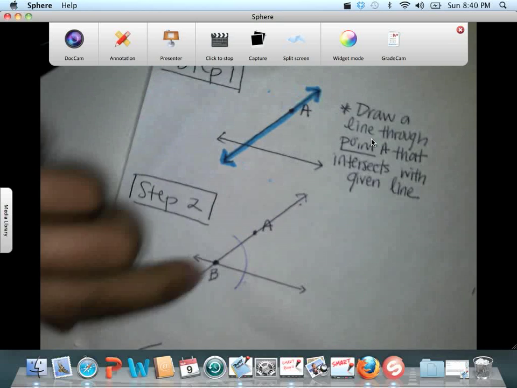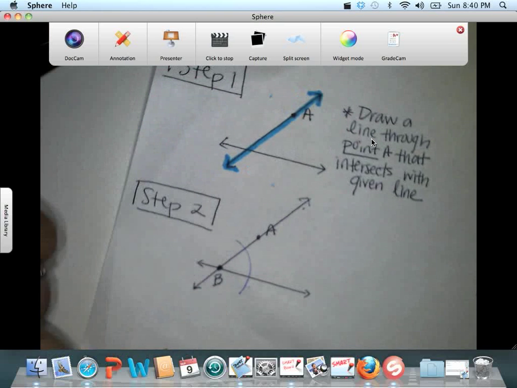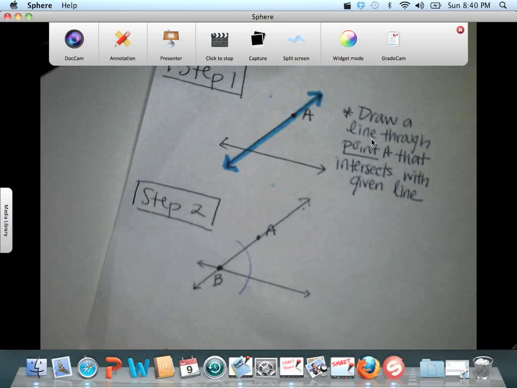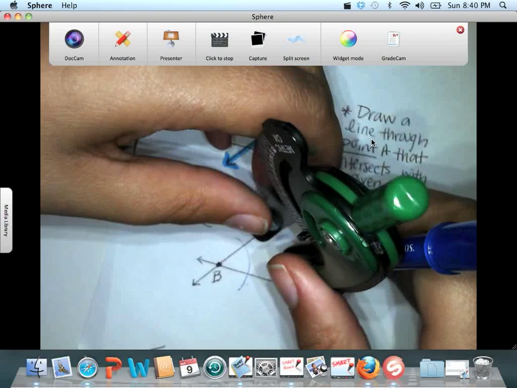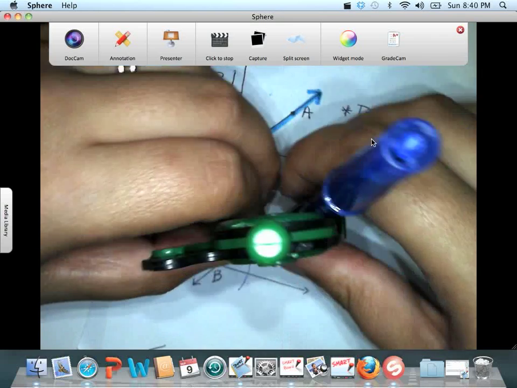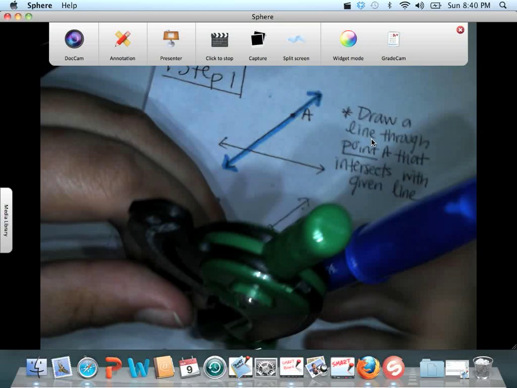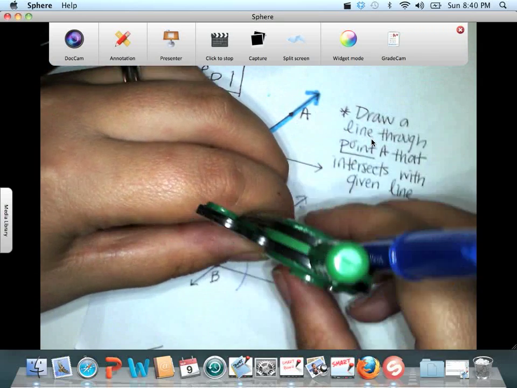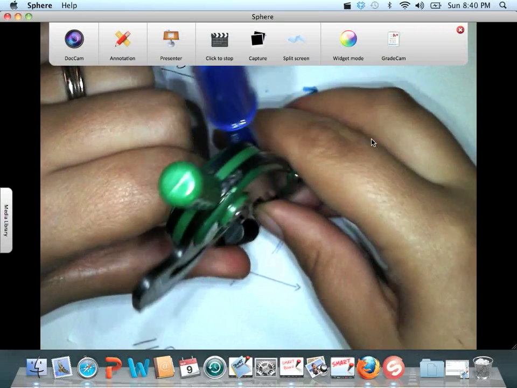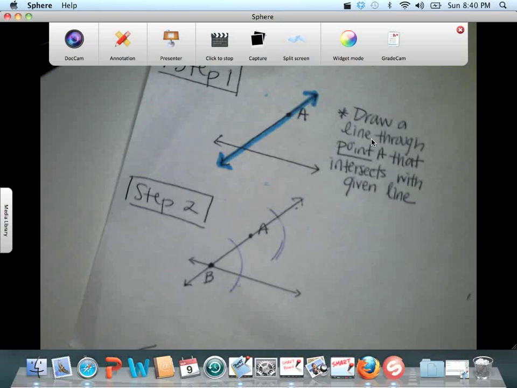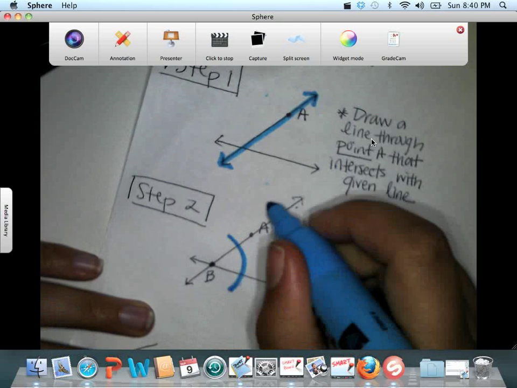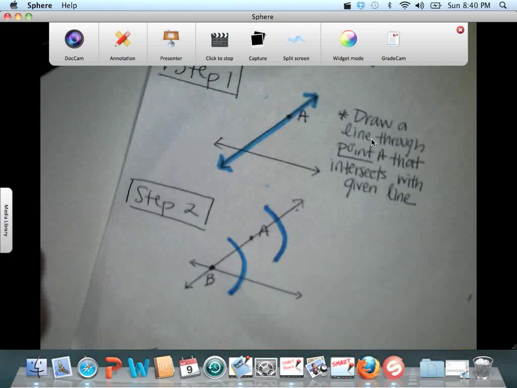So you see how the arc actually hits the line before it hits A, and then you're going to do the same arc, but from A. So you draw two arcs. Make sure I have the right radius. I don't want to mess up. Okay. So you can see you're drawing an arc from B, and then you're drawing the same arc from A.